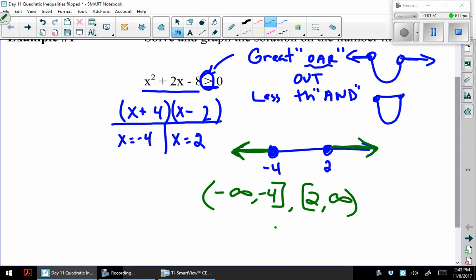Remember, brackets, the number is included, parenthesis, the number is not included. So that's the first one. That's how easy it is. Factor the parabola, find your roots, plot your roots. Greater-ors go out, less than's go in. If they're equal to, the circles are solid. If they're not, they're open.